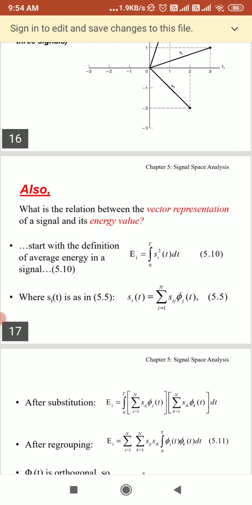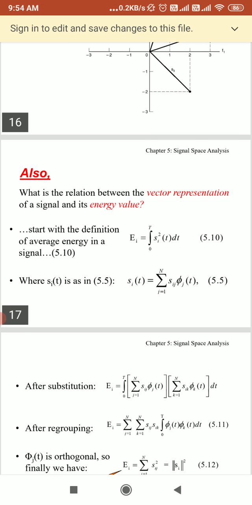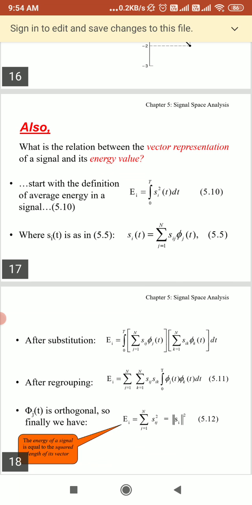We can write Si of t as a summation over j equal to 1 to n.